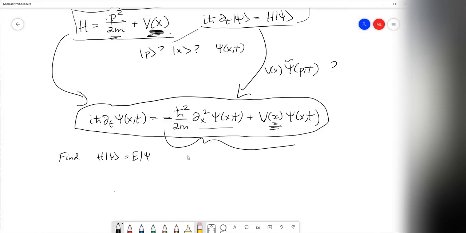you find the energy eigenstates, then we know that these guys will just evolve according to a phase, right? It'll be given by e to the minus iEt over h bar, times the associated energy eigenvalue.